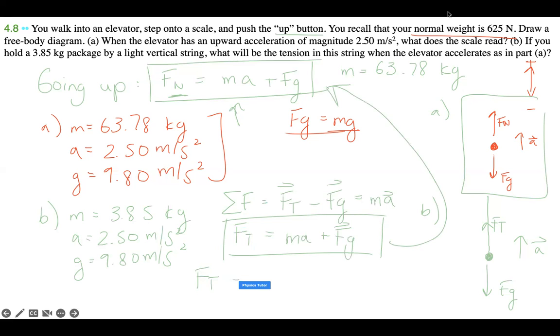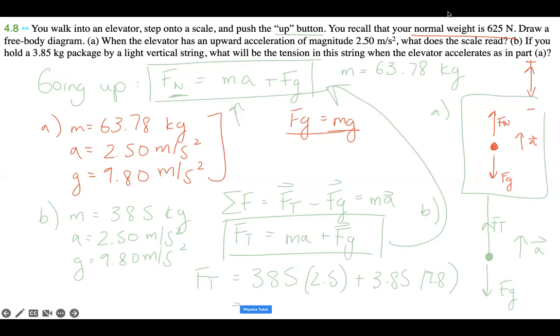So Ft is equal to Ma, which is 3.85 times 2.50 meters per second squared. I didn't write units for this again just because I don't have space, but you should probably do that. It's good practice. Plus Fg, which is going to be 3.85 kilograms times 9.80 meters per second squared.